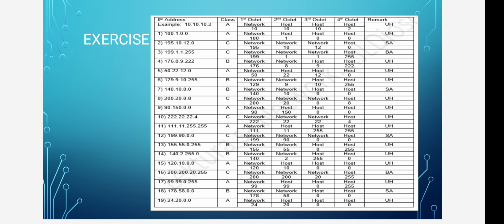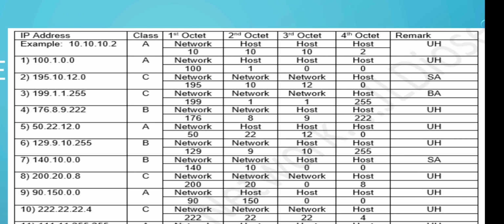What's the rule of subnet address? All host part is 0. So in the number 1 problem, the host parts are not all 0, so it is a usable host.